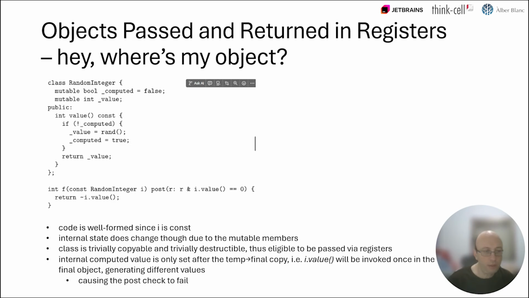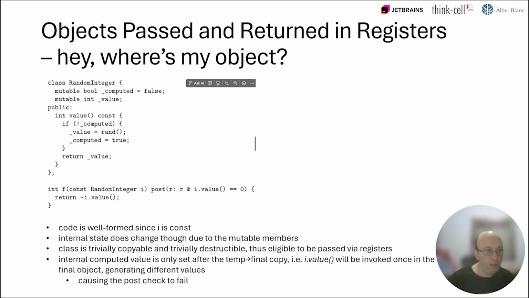Therefore, such objects might be passed in via registers. And we are referring to this input parameter in a postcondition, therefore it must be const, yet it's able to call that function because the function is const, yet the members are mutable, so it may mutate them, which indeed it does by assigning to them a random value.